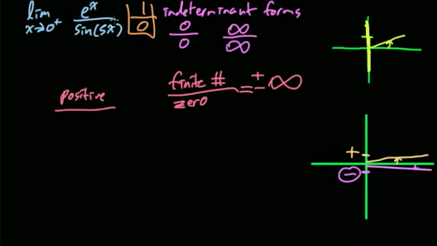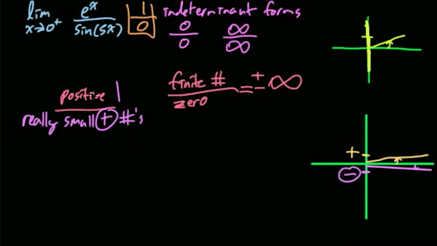Therefore, we've got a positive number in the numerator, positive 1, divided by really small positive numbers. This is maybe the written word version of what I'm trying to get across.